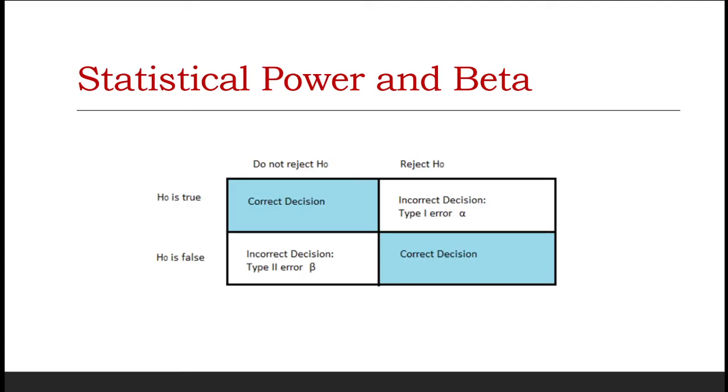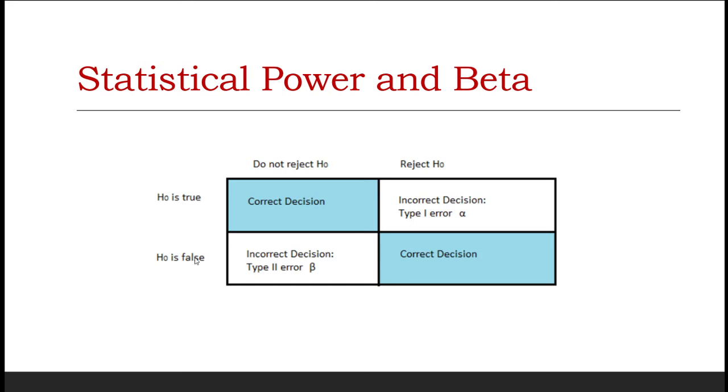So now talking about the statistical power of study and beta. See, for any null hypothesis, there can be two chances. The null hypothesis can be true and it can be false. So for the condition where null hypothesis is true and we do not reject null hypothesis, then it would be our correct decision.